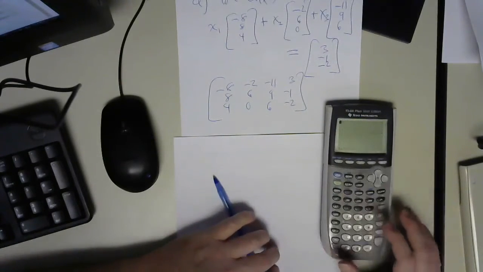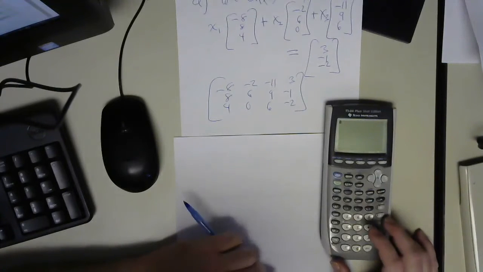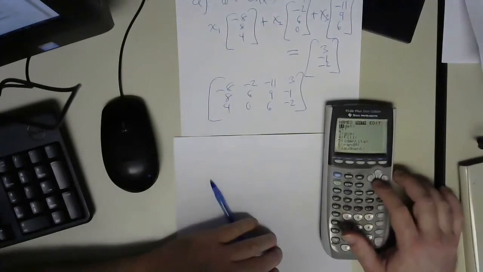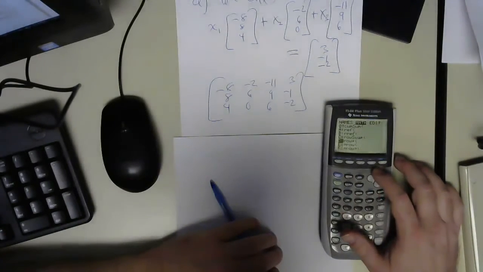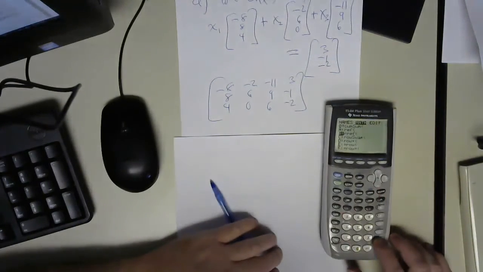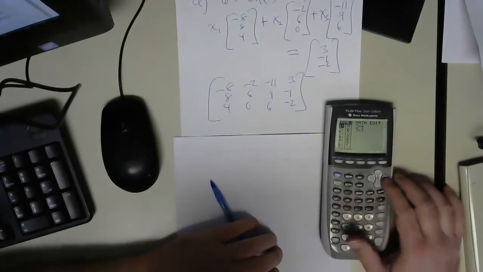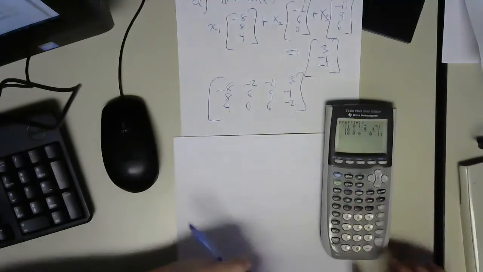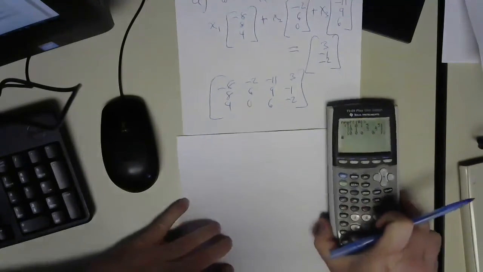So now we'll quit. We'll escape out of there. So now go back to matrix, but this time scroll over to math and choose reduced row echelon form, which is B. We'll choose that, and then we'll go back to matrix and choose matrix A under names. And it'll give it to us in reduced row echelon form, and here it is.